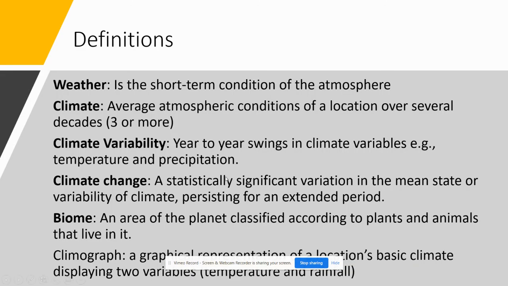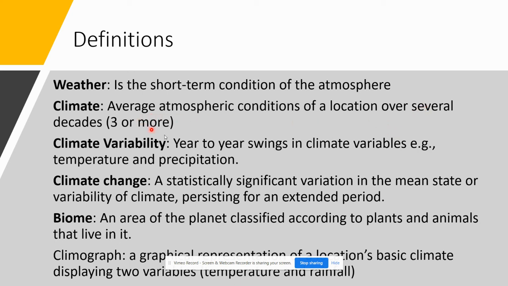So the definitions: these are the terms you will experience in this lab. There is a brief discussion about weather versus climate. What is weather, what is climate? Weather is a short-term condition of the atmosphere, and climate is the atmospheric condition over a long range of time.